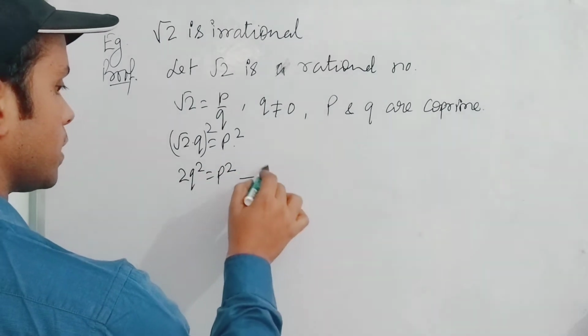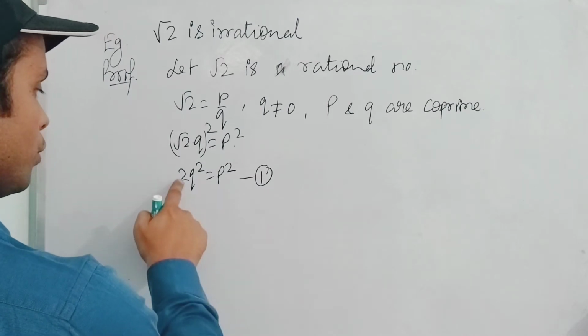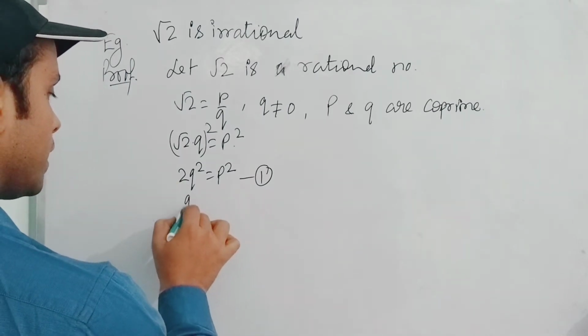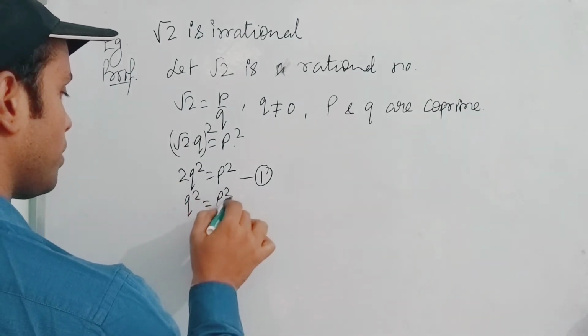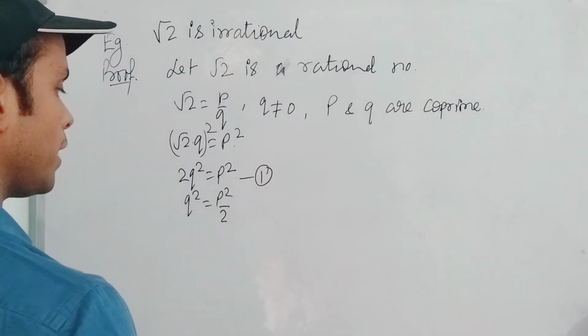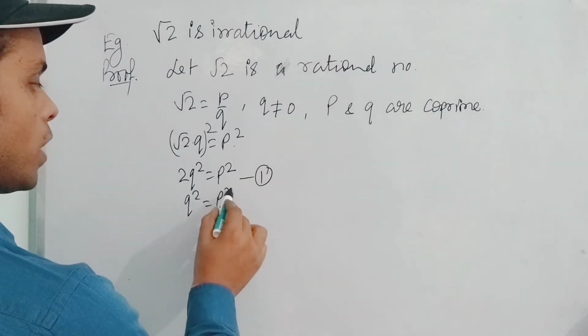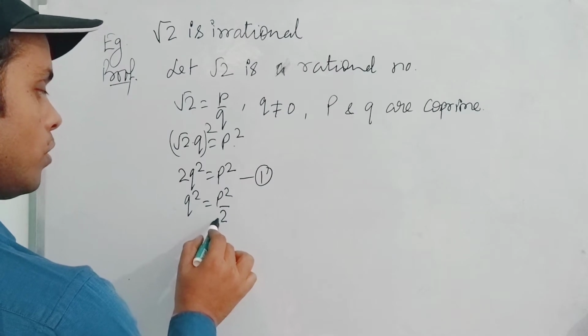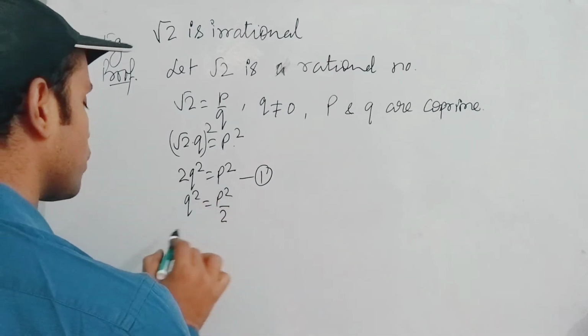Let us consider this as equation number 1. Now you shift 2 towards the right hand side, then you obtain q square equals p square by 2, which means p square is divisible by 2. Look, 2 is dividing p square.